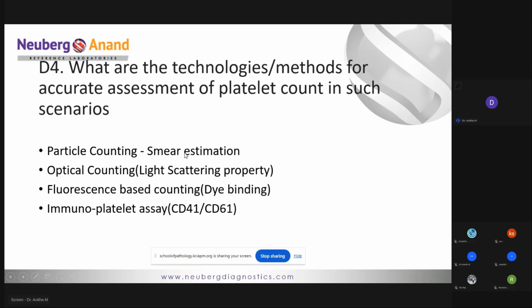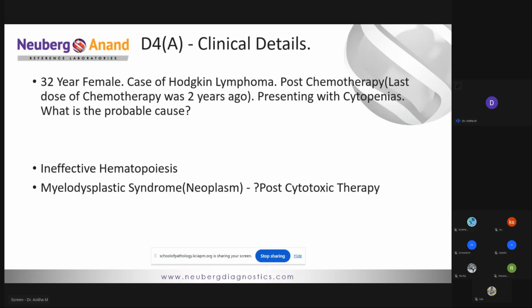Particle counting is more of a mere estimation based on the size. You can have optical counting, the light scattering property that's available in a lot of cell counters. Fluorescence dye binding, which is more RNA based, polymethine dye binding, can be used, and immunoplatelet assay. So I think most of you had got it right.